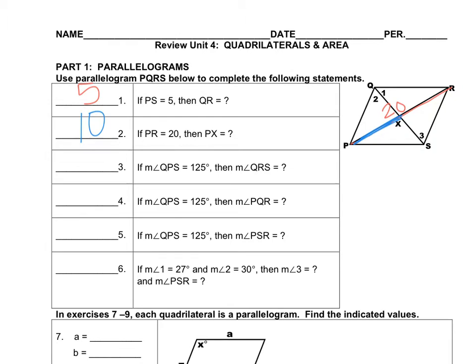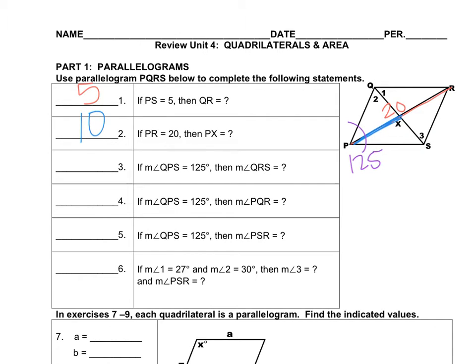Okay, on number 3, it says if the measure of QPS, so if you follow that with your pencil, from Q to P to S, so this whole angle right there, is 125, then you're looking for angle QRS, the other whole angle.